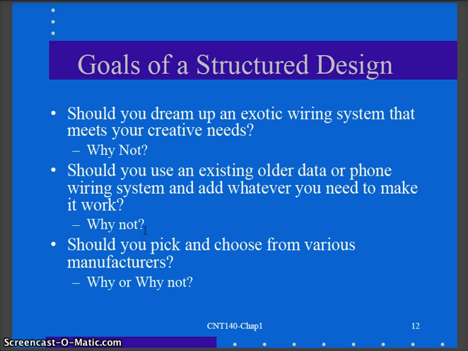Should you pick and choose from various manufacturers? Well, this is kind of a loaded question. If I follow standards, I should be able to mix and match some components from different manufacturers, and they should work. But sometimes, I'll pick on a Ford truck. If I have a Ford truck, it's probably going to be best to put a Ford part in the Ford truck. Not always, but probably.